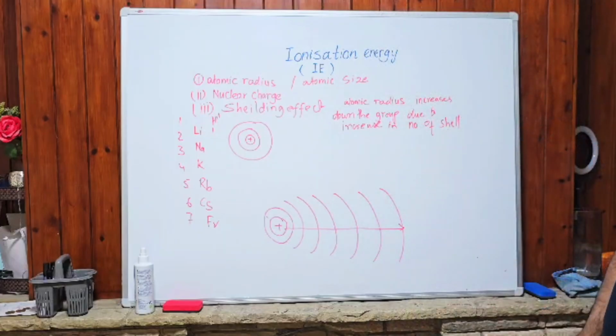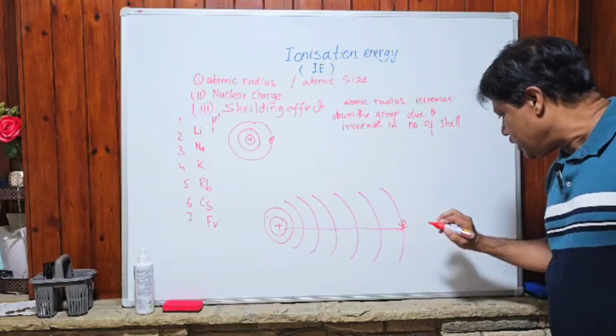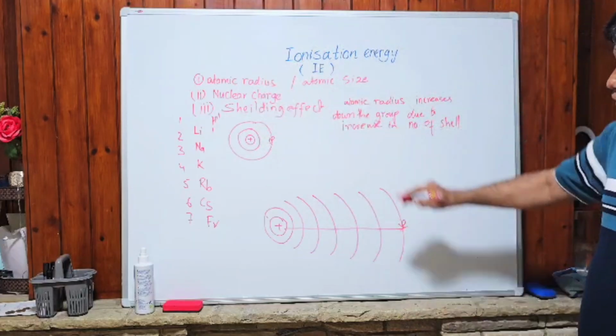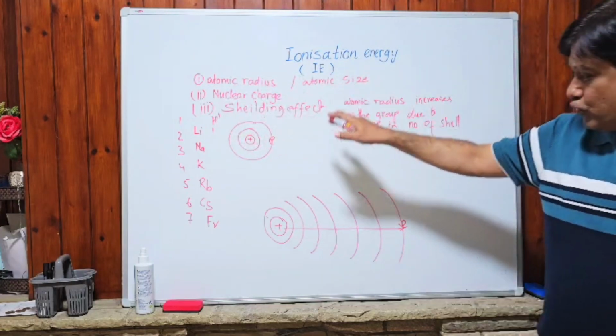Look at the distance. Look at the electron here and look at the electron here. You can guess what happens to ionization energy when we move down the group. So atomic radius increases when we move down the group.